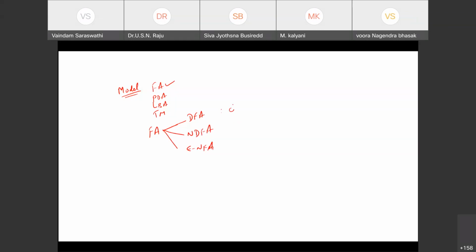Mainly the delta, the transition. What is the transition in DFA? Q cross sigma to Q. In NFA, Q cross sigma to 2 power Q. In epsilon NFA, Q cross sigma union epsilon to 2 power Q. So this is the major difference.